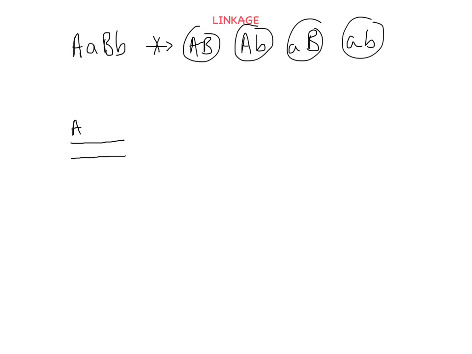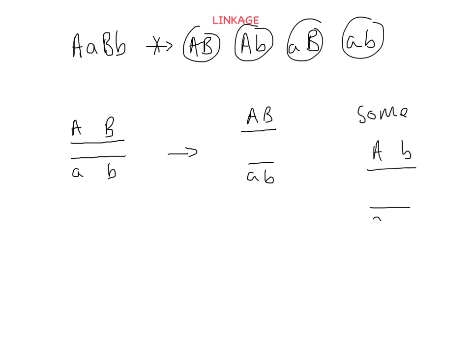So you have the big A, big B, and then the little a, little b. And so that means that you know you're going to form a big A, big B gamete and a little a, little b gamete. You might form some big A, little b gametes and some little a, big B gametes, but it would only be a few.